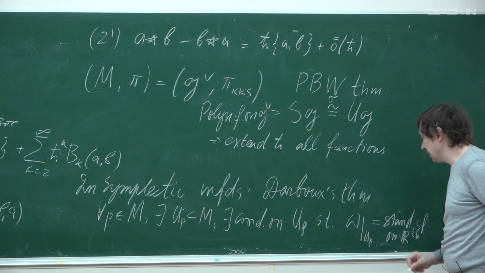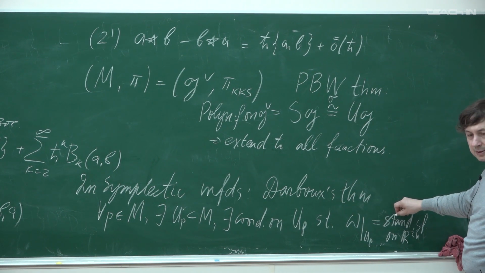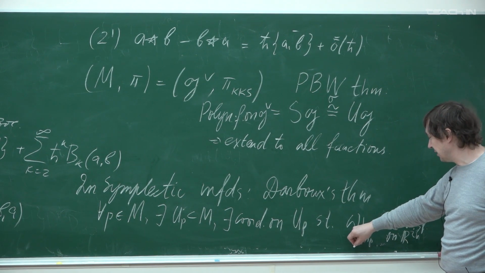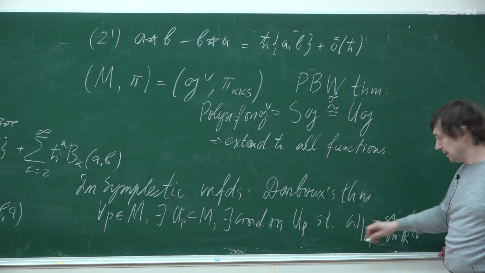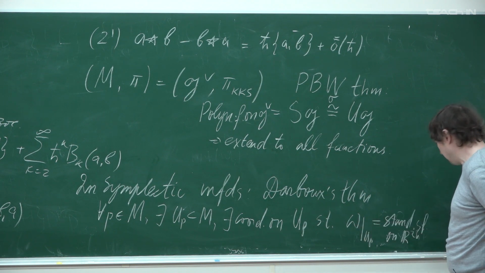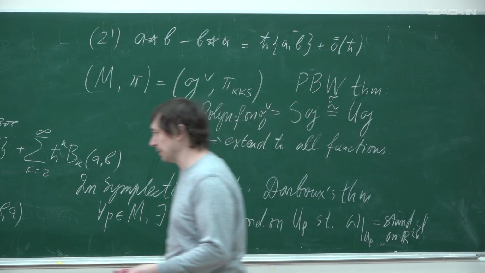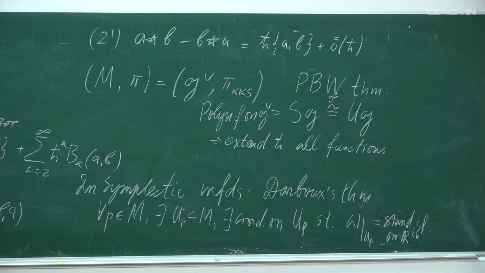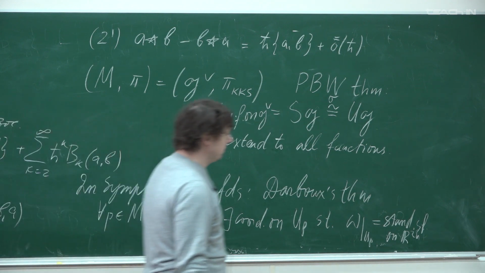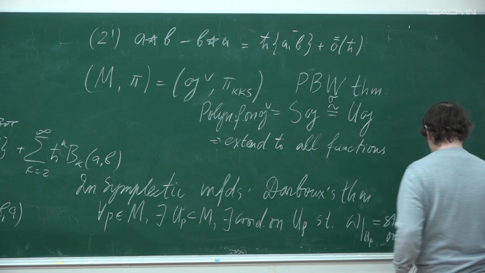In particular, it means that in these coordinates, all coefficients of omega are constant. And hence, we can actually use the Moyal product construction to define the star product in this U_P.